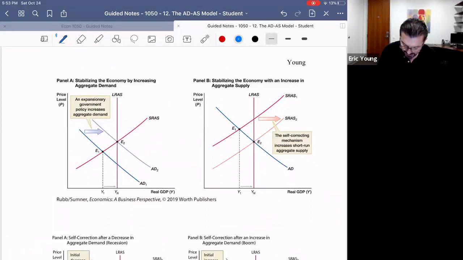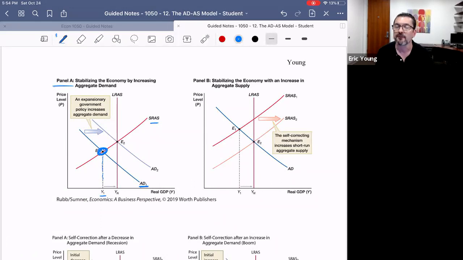So let's take panel A. Let's start off as always. We have right here, we're starting at this point here. We have SRAS and our original AD. So we have right here in my blue dot, short run equilibrium. This is the economy's actual output.